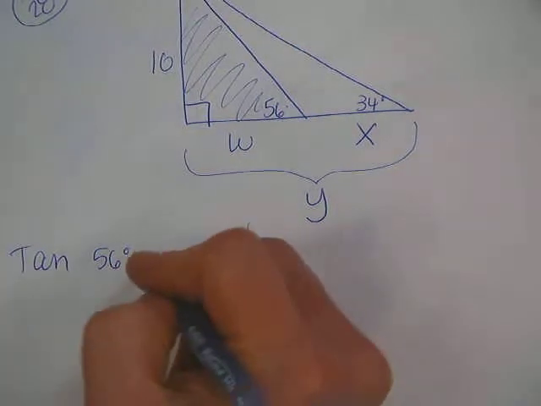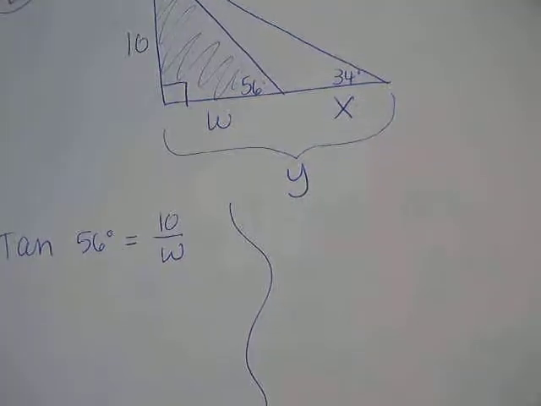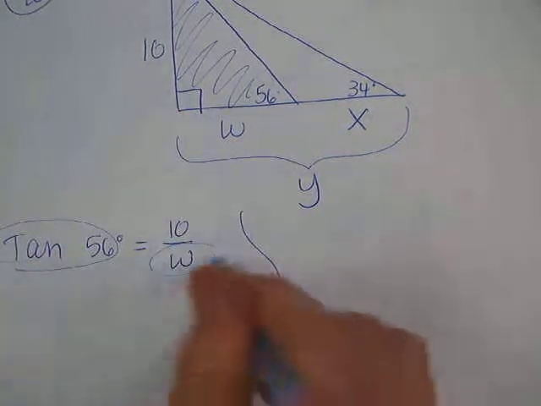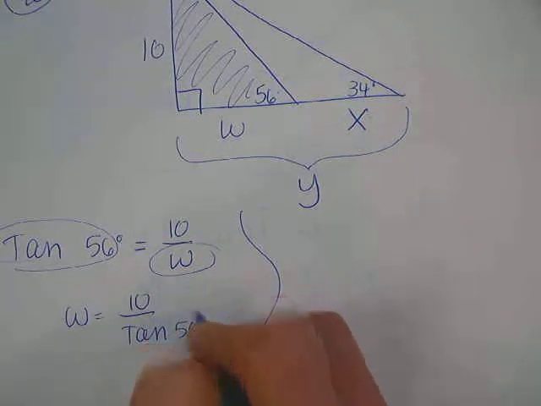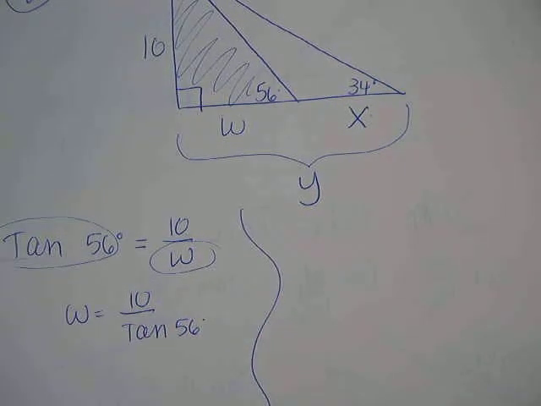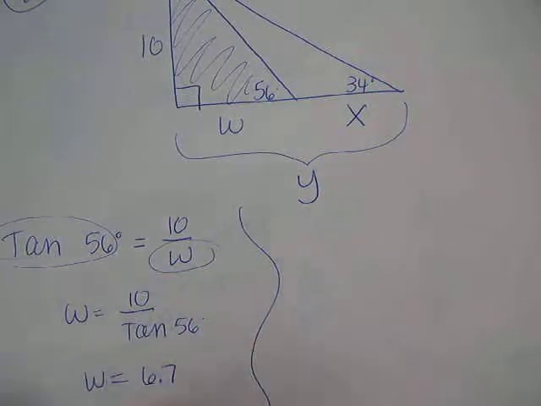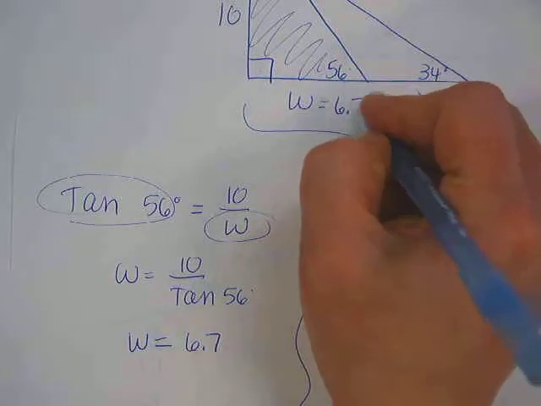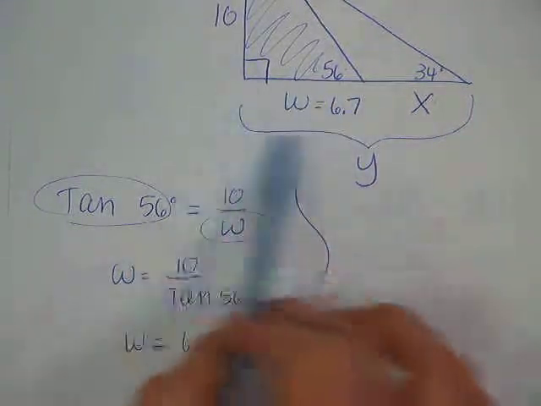So the first part is to say the tangent of 56 degrees equals 10 over w. This is one where you can just swap those two, so w equals 10 divided by the tangent of 56. So to the nearest tenth, w should be 6.7. And once you find that, I would go on up here and put that in.